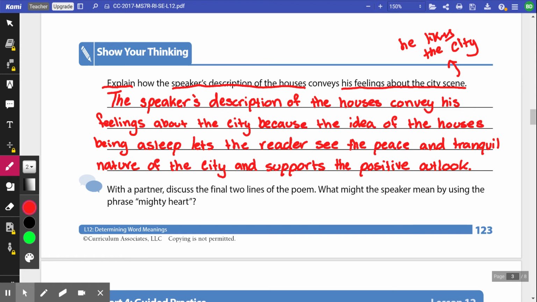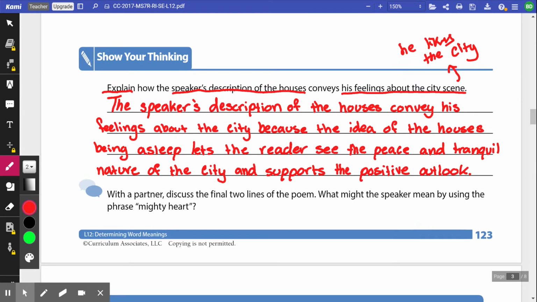So, this is my answer. I'm going to read it to you and I will flesh it out and explain it. The speaker's description of the houses conveys his feelings about the city because the idea of the houses being asleep lets the reader see the peace and tranquil nature of the city and supports the positive outlook.